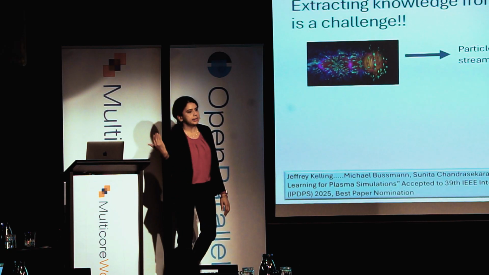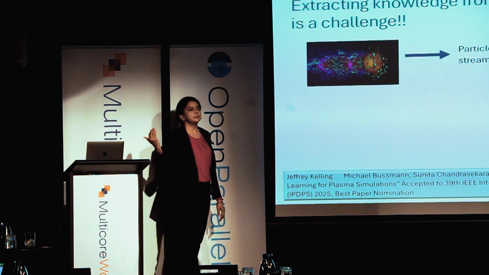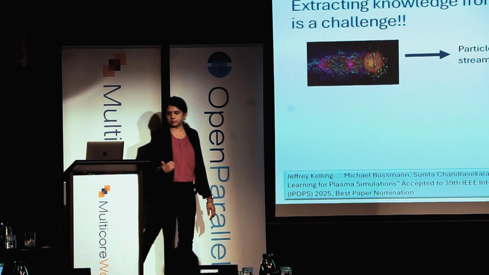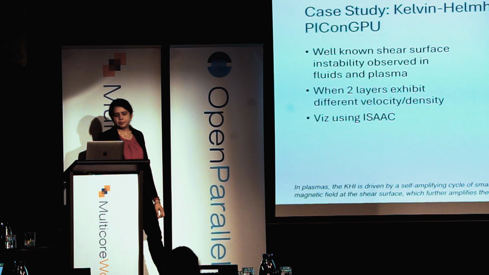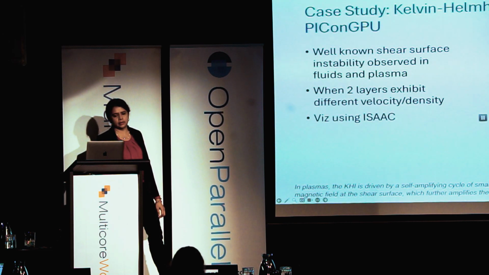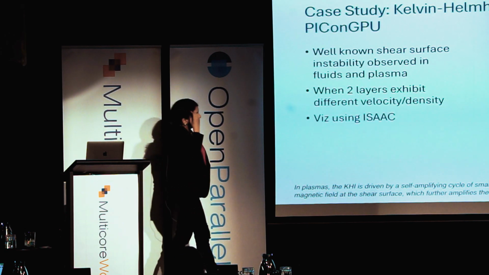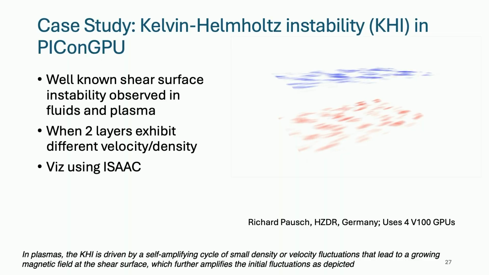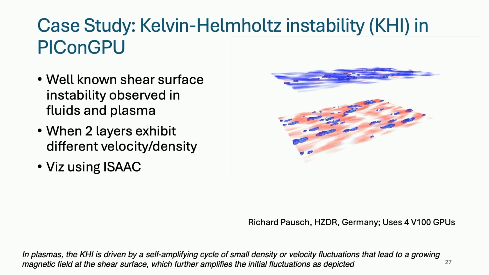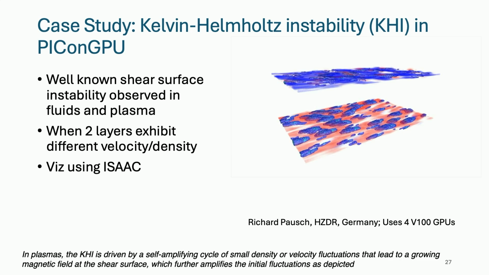So there is in situ data analysis, machine learning coming into the picture at the moment, right? The application for this particular case study is the KHI instability, a well-known shear surface instability observed in fluids and plasma, say wind and water, when they are married together, you see some effects, right?